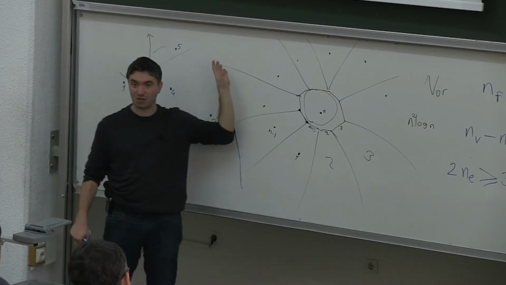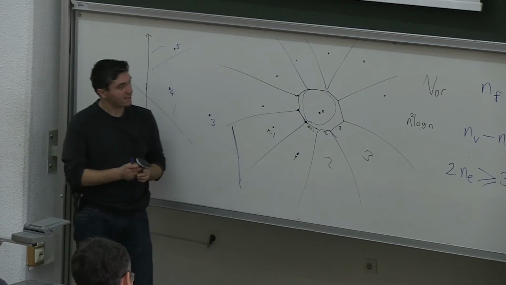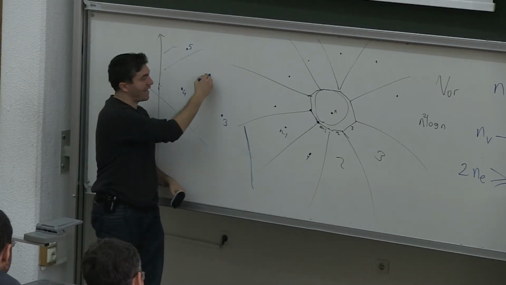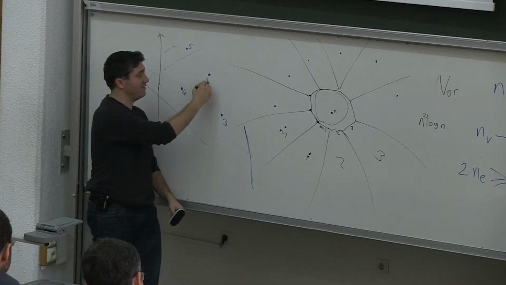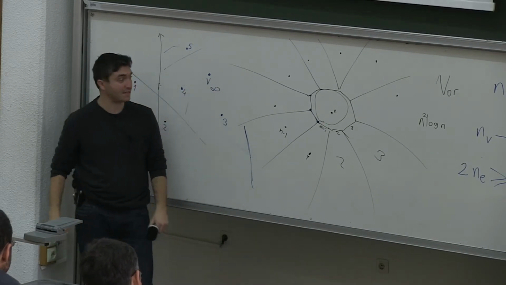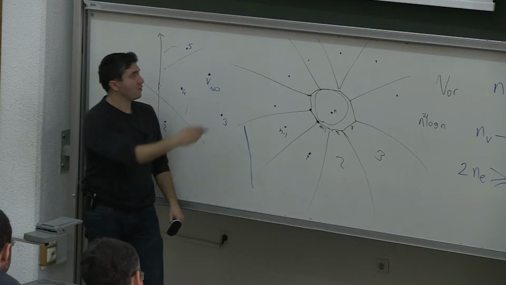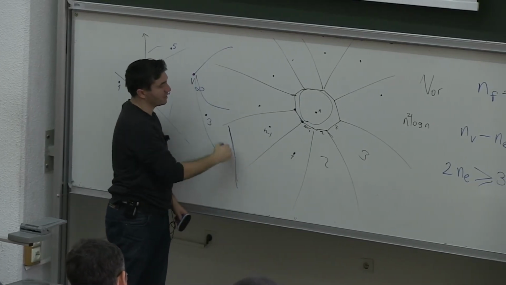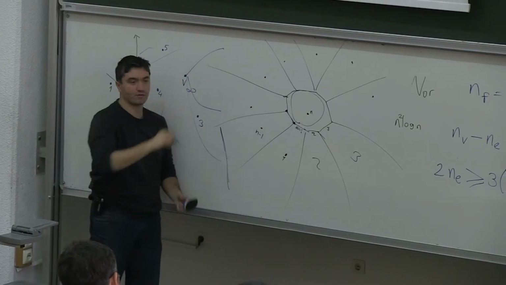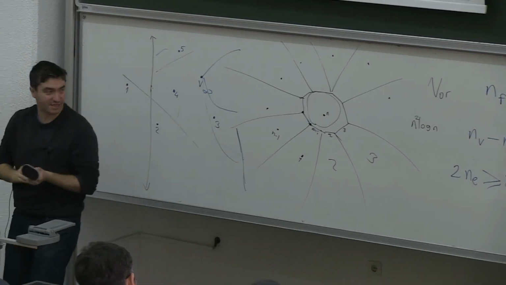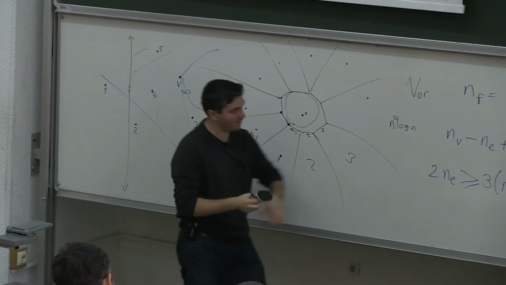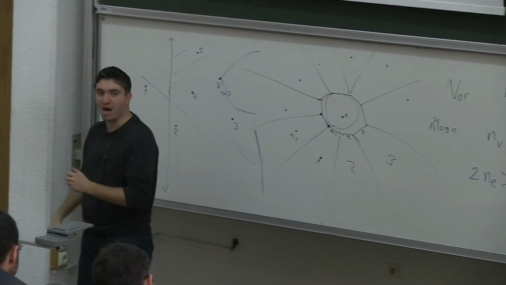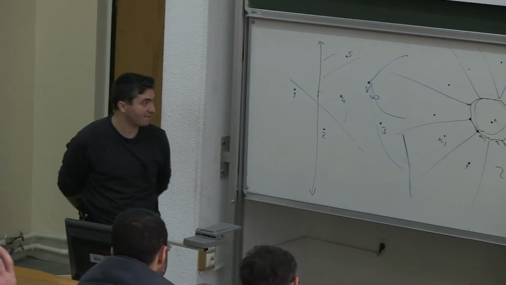So everything should be bounded. The trick in the book is to put a vertex at infinity, name it vertex infinity, and close all the unbounded faces with the help of this vertex. So the number of vertices is therefore increased by 1 to make it a bounded planar graph.